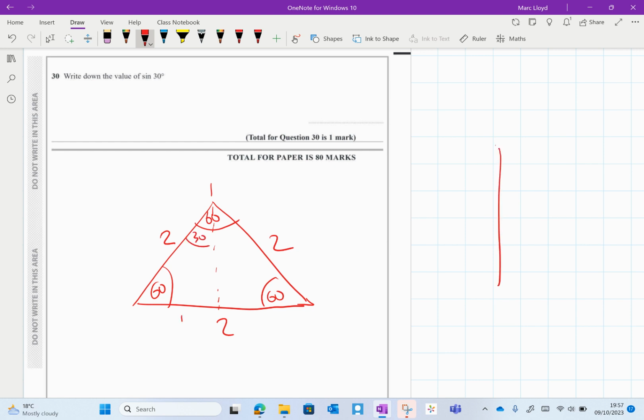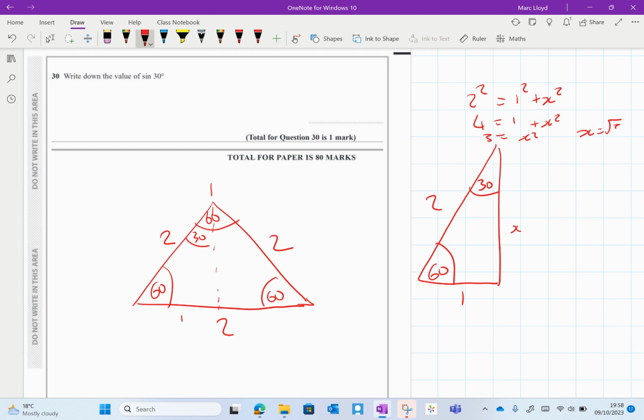So 2, 30, that's 60, this one's 1, and then this one here, because it's Pythagoras' theorem, I'll call it x for now. 2 squared will equal 1 squared plus x squared, which is 4 equals 1 plus x squared. So 3 equals x squared, and x therefore equals root 3. So this height is root 3, but we don't need to worry about that too much.